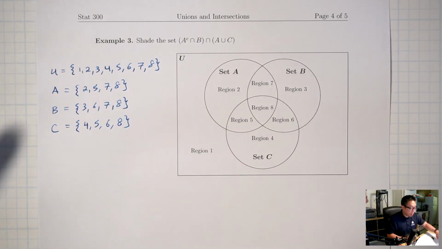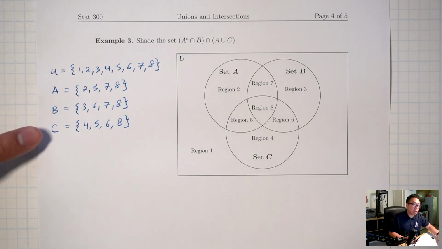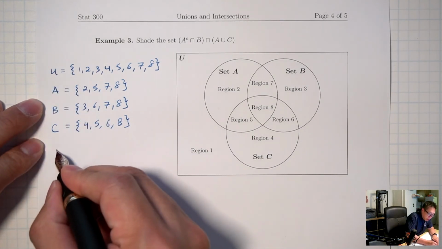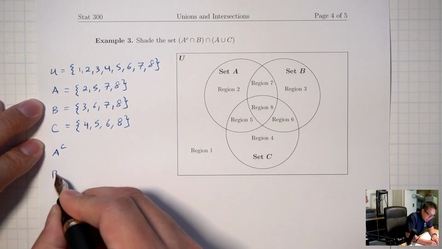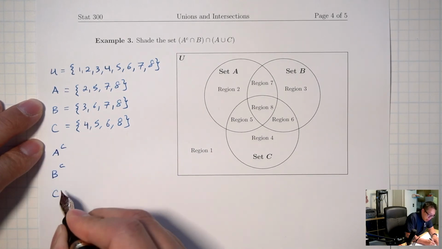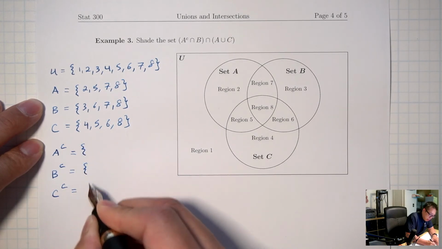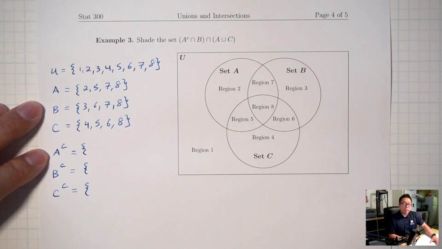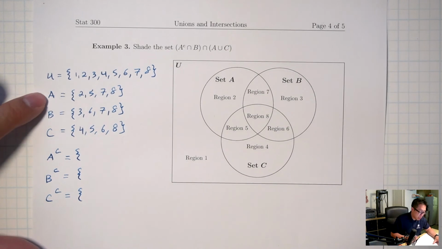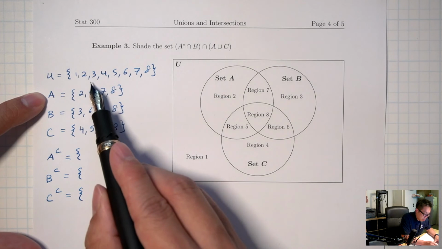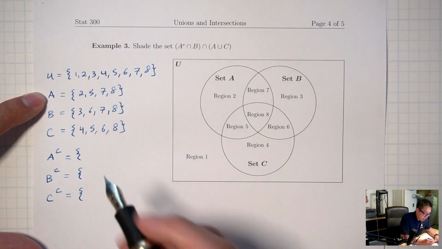Okay, so I recommend writing out U, writing out regular A, regular B, regular C, and then also writing out the complements. You don't have to do the complement of U, but I do recommend doing the complements of A, complement of B, and complement of C. A complement, so these are the regions, the numbers, that are not in A. So what numbers are not in A? 1, 3, 4, 6.